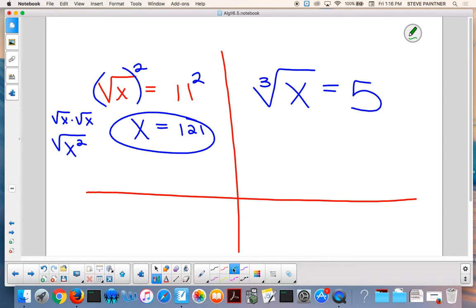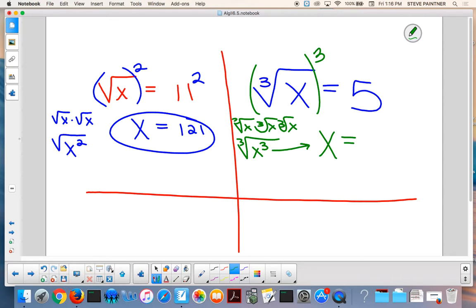If you got a cube root, you just cube a cube root. And if you think about it, cube root of x times itself 3 times is the cube root of what? X cubed. But what's that? X. And that's why it works. So once again, don't show that work, just believe in it. Next, cube the 5. What do you get? 125. Okay, so there's my step to get rid of these cube roots and square roots.